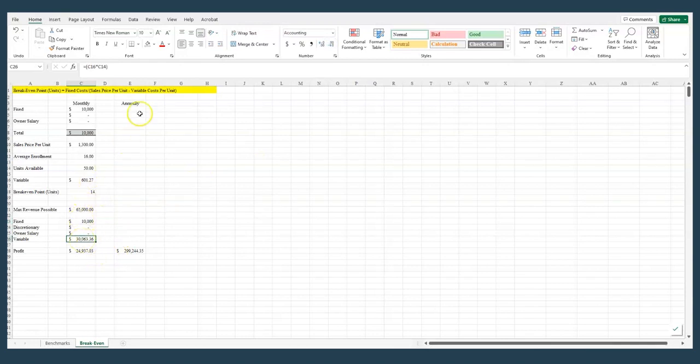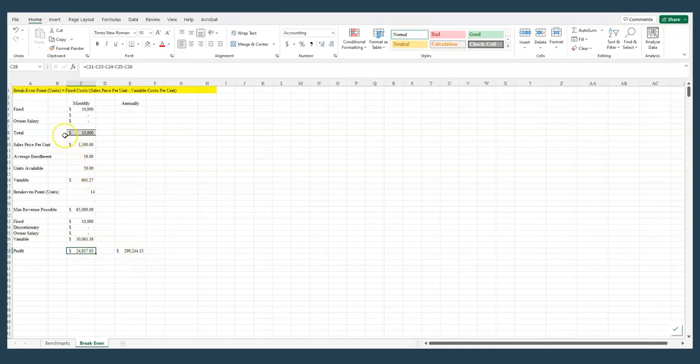And if we are fully enrolled, so you can see we're taking those 50 units by the 601.27, our variable costs under that situation would be $30,067. And that would leave us, if we were completely enrolled 100%, with a monthly profit of about $25,000 or $300,000 per year.